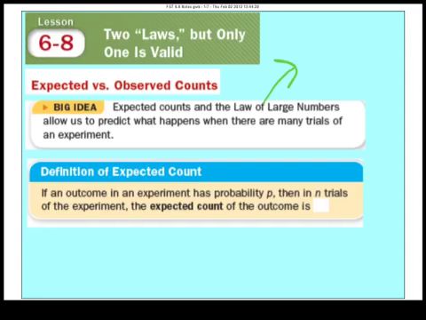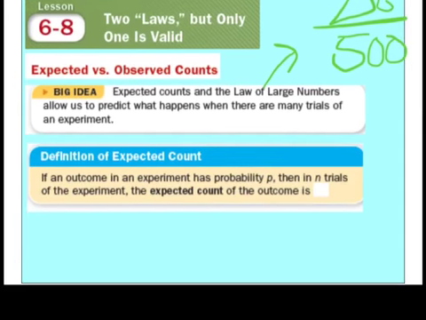If I tossed it 500 times and it showed up 200 times, then the relative frequency, what I'm going to get, will end up being 2/5 of the time. But the theoretical probability for this is going to be 1/2.